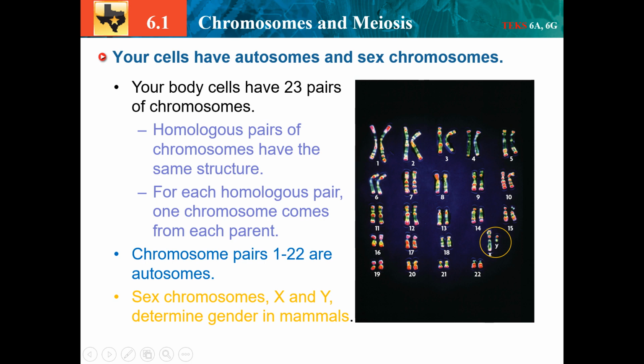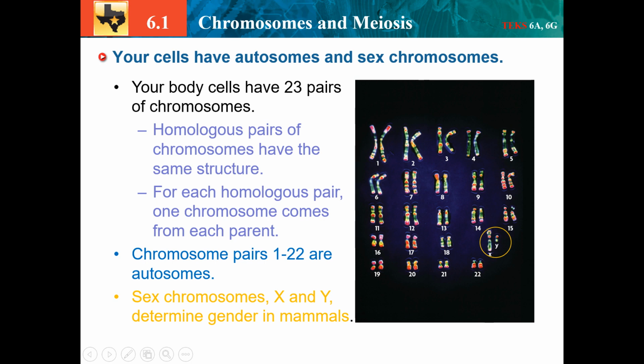And then chromosome pair 23 is what are known as your sex chromosomes. So this right here is showing the sex chromosomes, where X and Y refers to a male, and XX, so 2 X's, refers to a female. Your body cells have 23 pairs of these chromosomes.